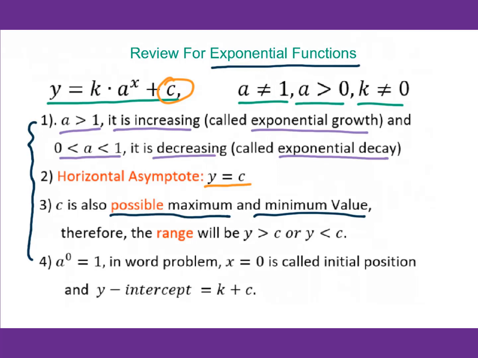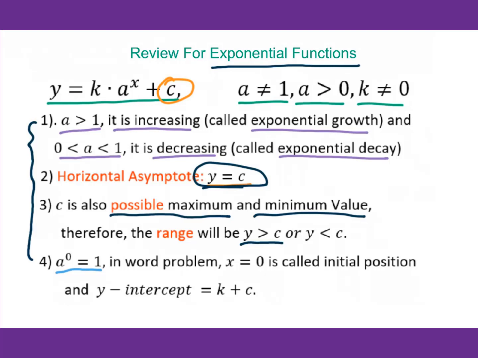Therefore, the range of this exponential function will be y greater than c or y less than c. Remember, no equal sign, because this is a horizontal asymptote line. They get very, very close, but never touch. Also need to know a to the 0 power equals 1.